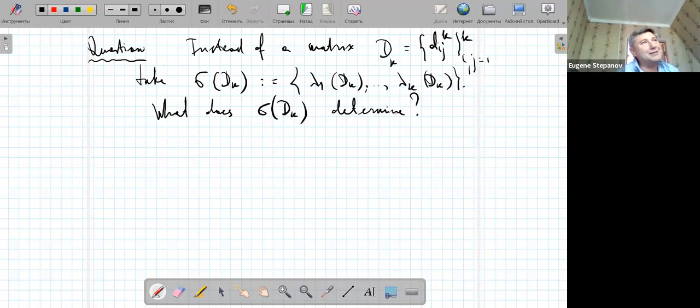But one has quite a number of examples, especially in graph theory. In the case when your metric space is a graph and your distance is the graph distance, the spectrum is what is called the distance spectrum of a graph. And there are a lot of works on distance spectra of graphs.